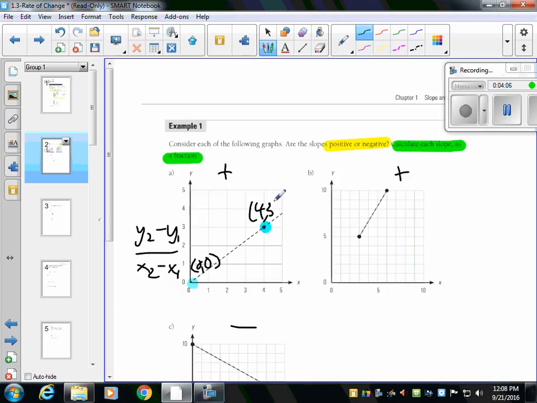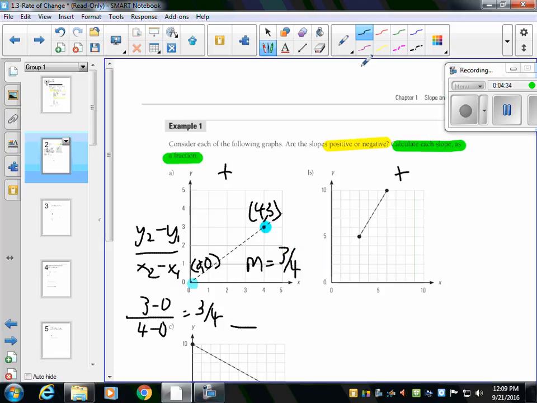This is my second point because it's further right on the graph. So y2 is 3 minus y1 is 0 over x2 is 4 minus 0. So that turns into 3 over 4. So the slope is 3/4. So I could write m equals 3/4.